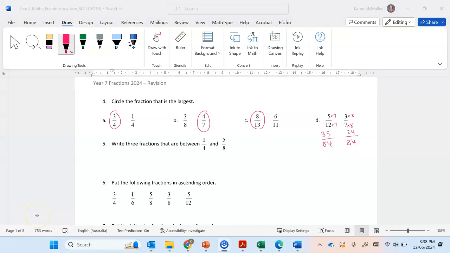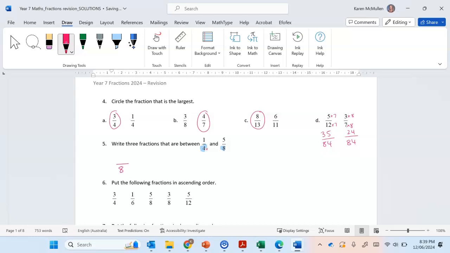All right, so question number 5 is a bit of a tricky one, because if you're looking at 3 fractions that are between 1/4 and 5/8, it's hard to think of what is between them unless you had the same denominator. So we've got 1/4 and 5/8, so let's make the denominators the same. I know that 4 goes into 8, so let's change that 1/4 to be a fraction over 8.